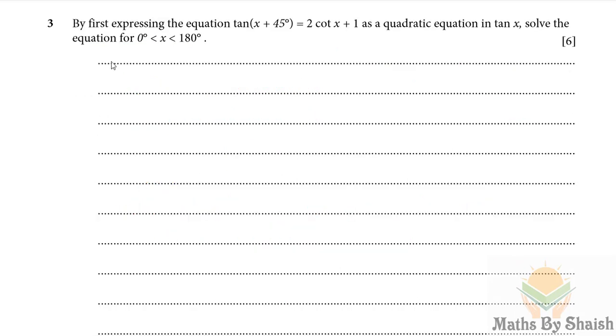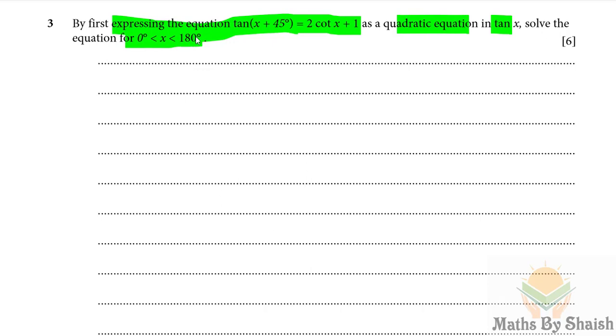By first expressing this equation, tan(x + 45) = 2 cot x + 1 as a quadratic equation in tan x, then solve the equation for x between 0 and 180.